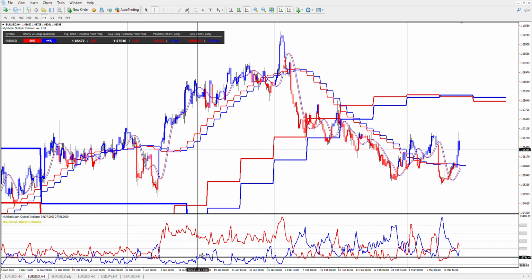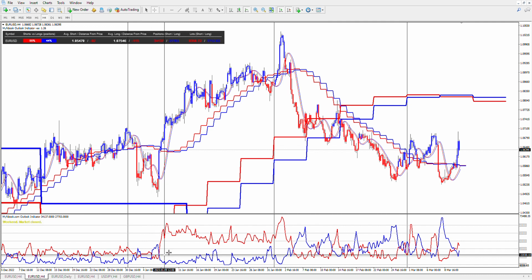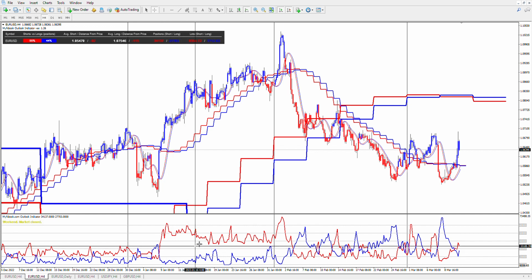And then the rest of the month they also dominated. There were brief periods of bullish dominance here, and they didn't stay very much above the bears. So bearish dominance on the Myfxbook Outlook Indicator means price will be going up, opposite to the retailers.